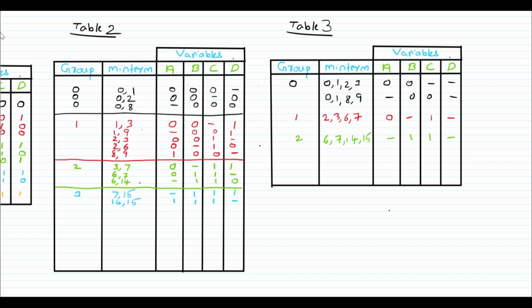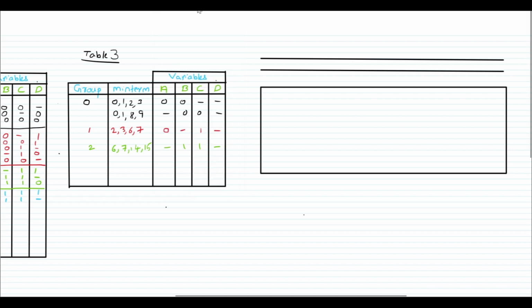In order to find the simplified expression, we need another final table, that is table 4. In table 4 we have the PI terms, which means the prime implicant terms.